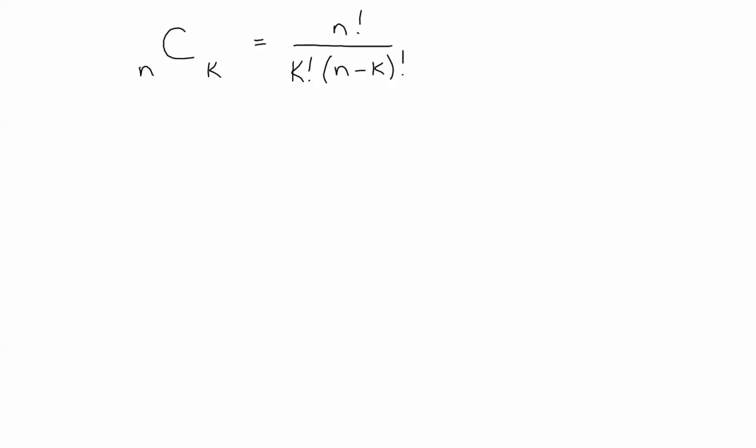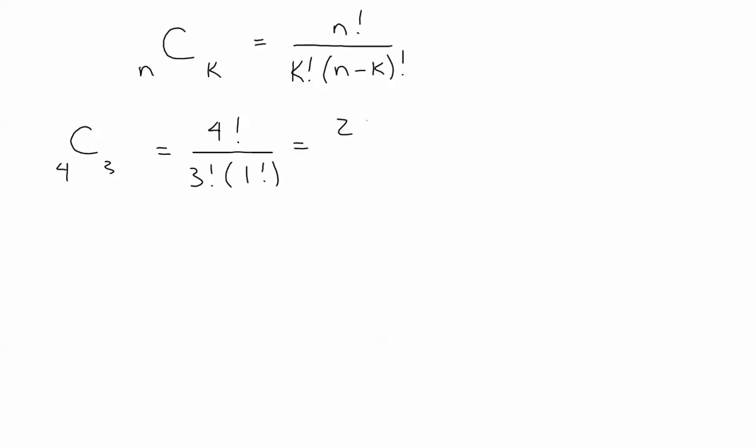So referring back to our original experiment on the previous slide, we have C sub 4, 3. We have 4 letters, 4 objects, n, taken 3 at a time. This equals 4 factorial divided by 3 factorial, also divided by 1 factorial.